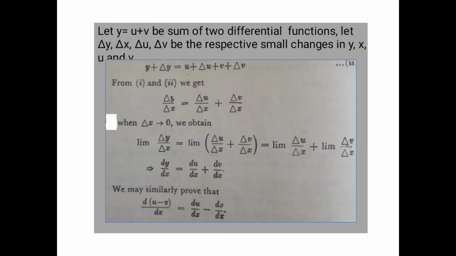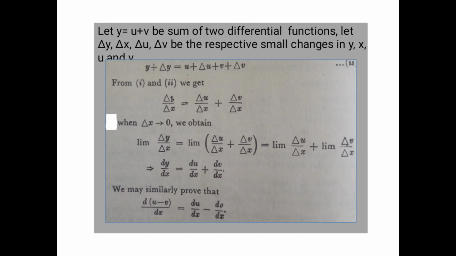For the proof, we shall first prove that the sum of two functions, that is u(x) plus v(x), is differentiable when both u(x) and v(x) are differentiable at a point a. So let us take y is equal to u plus v, the sum of two differentiable functions.